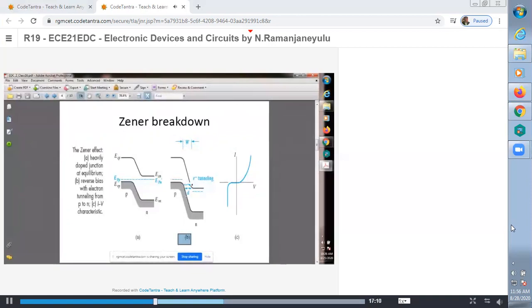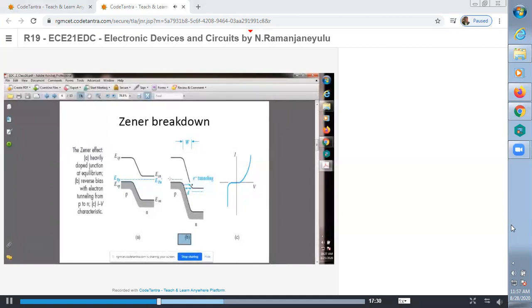Because we are applying a large reverse voltage, so the electric field within the junction is very high. And observe here, the P side and N side. The P side valency band contains a large number of charge carriers, say electrons, exactly opposite to the N side conduction band.